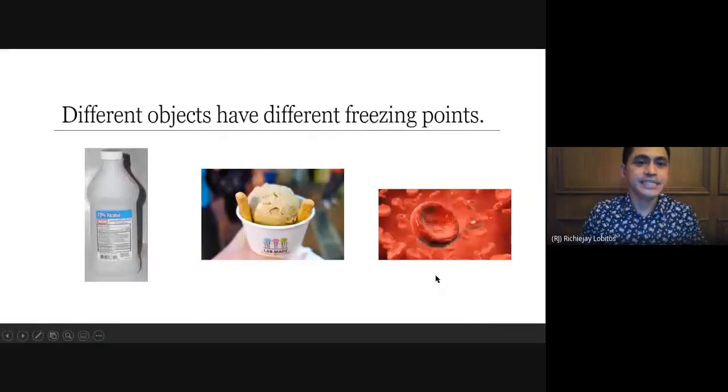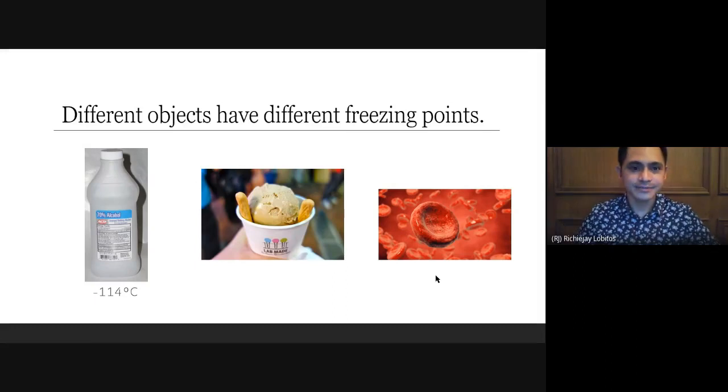Next one, different objects have different freezing points. If they have different melting points, different liquids also have different freezing points. An example is alcohol. Alcohol, which we use to wash our hands or to clean or disinfect wounds, actually freezes at negative 114 degrees Celsius. That's very low.